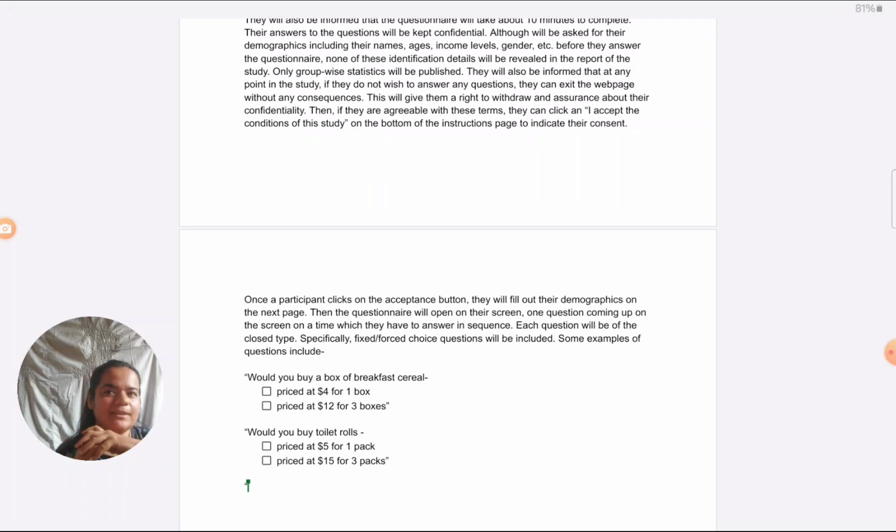Also reminds me of one thing. Many students have a misconception that forced choice questions are strictly true, false, or yes, no. Those are just examples of forced choice questions. The type of questions I've put here, these are also forced choice. Basically, in any question, if you're forcing participants to choose between definite alternatives, it becomes forced choice.